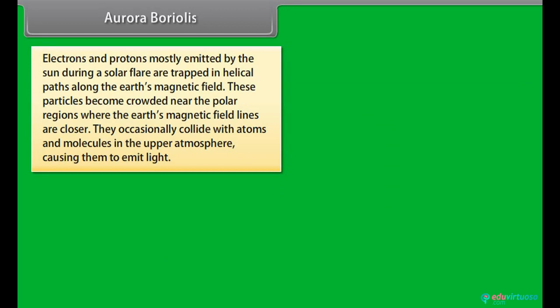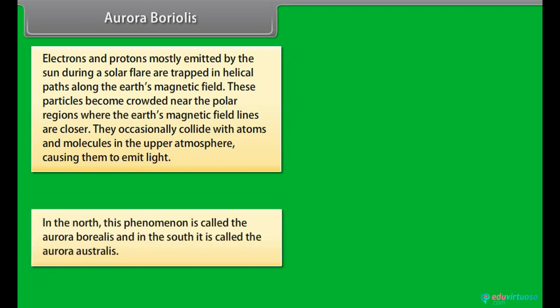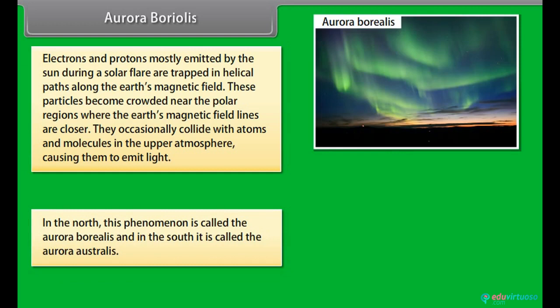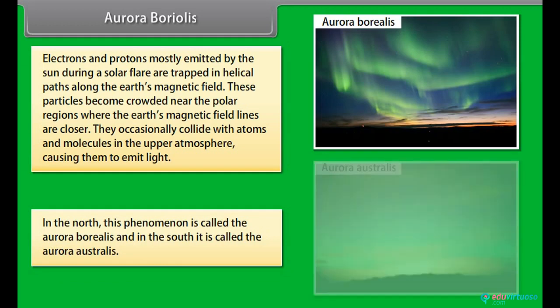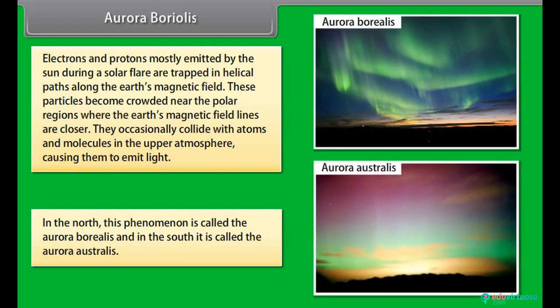These particles become crowded near the polar regions where the Earth's magnetic field lines are closer. They occasionally collide with atoms and molecules in the upper atmosphere, causing them to emit light. In the north, this phenomenon is called the Aurora Borealis, and in the south, it is called the Aurora Australis.